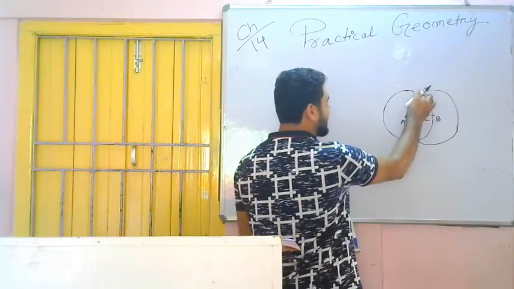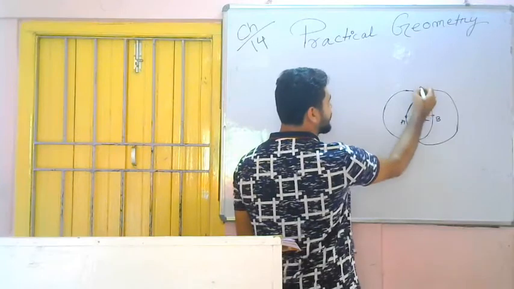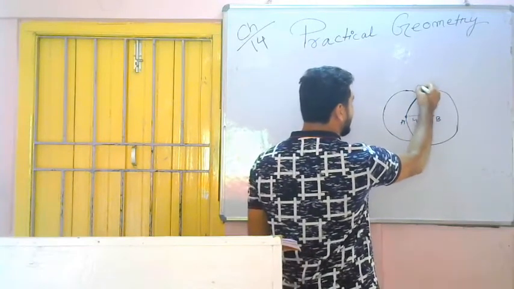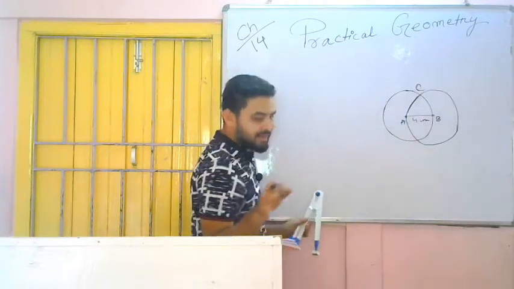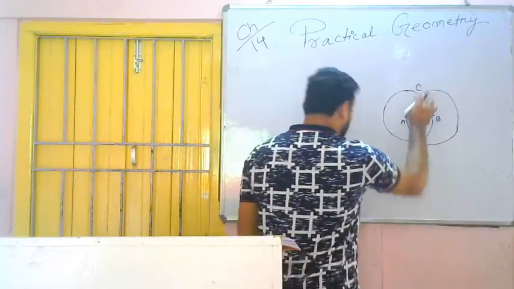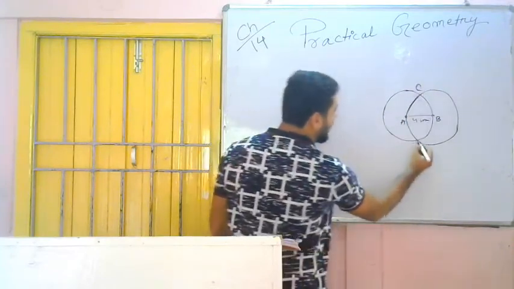These two circles intersect at this point, so we'll give this name as C. It is given in the book, we should name as C, and here also intersected.